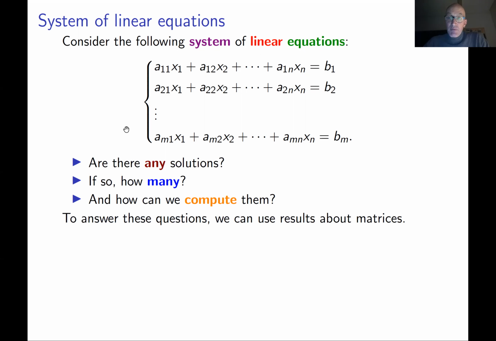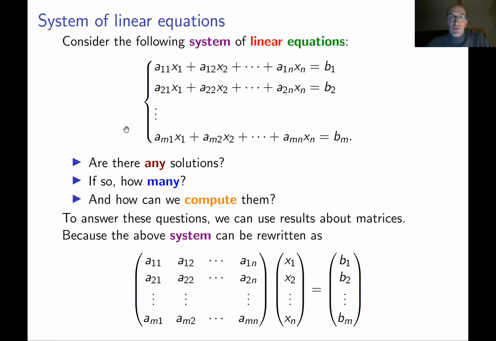We're going to use some results about matrices, which we already studied, to answer the first 2 questions theoretically. And then we study something which some of you already know, called elementary row operations, to show how to compute solutions for systems of linear equations.